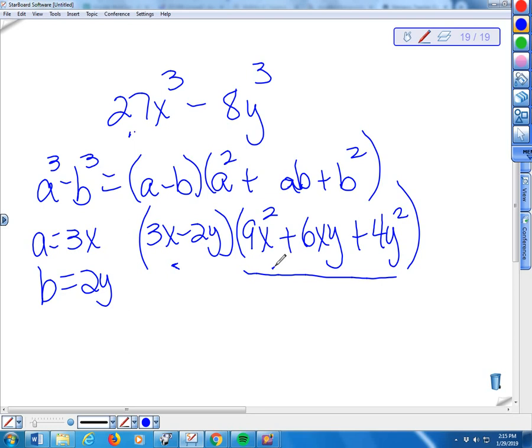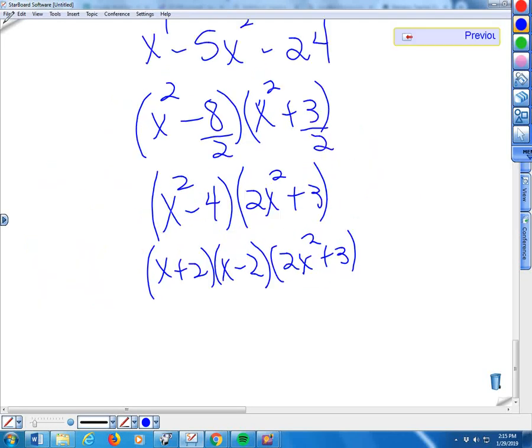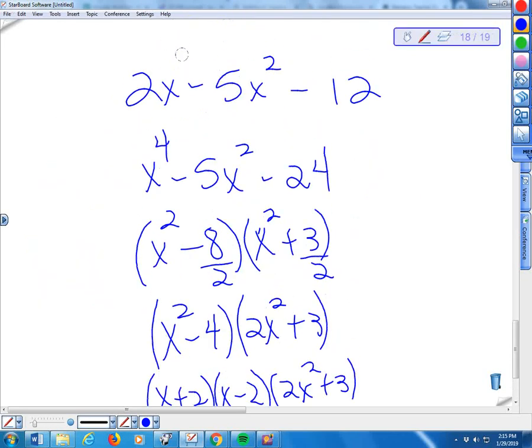Okay, so those are kind of more the advanced factoring techniques that we'll cover in this section. Factor by grouping, looking at the quadratic pattern, but doing it with quartics. You could also do it with something to the 8th, but it would have to be 8, 4, and then the constant.